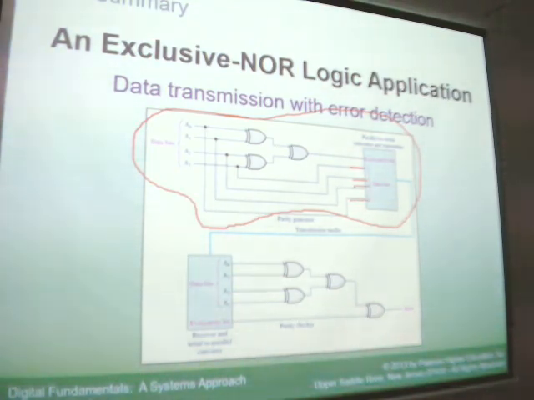Then A0 and A1 are XORed. A2 and A3 are XORed. And then the outputs of the 2 gates are XORed to generate an even parity bit.